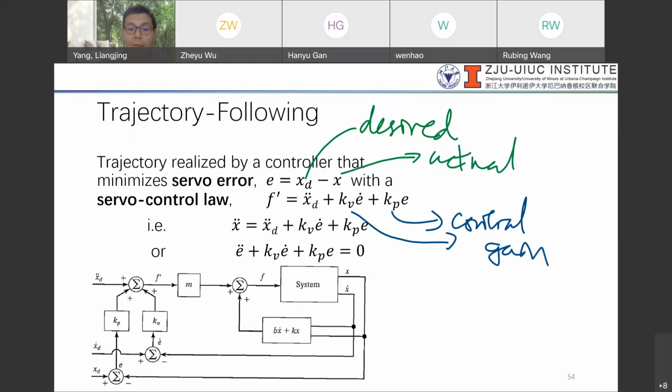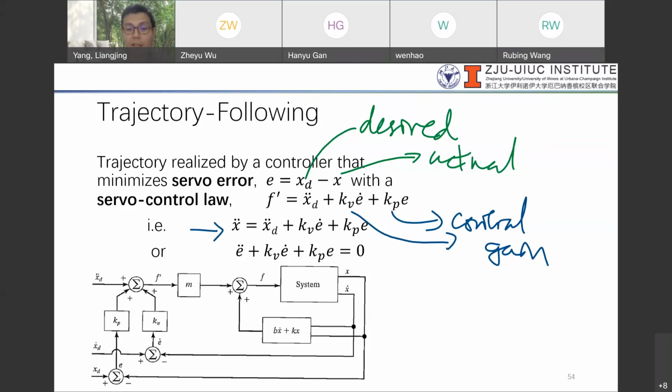All right, and we can work out this servo control law. We already established this servo control law, and with the control partitioning approach, we can now write it down in this form.